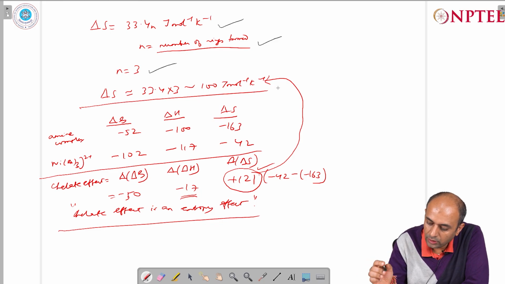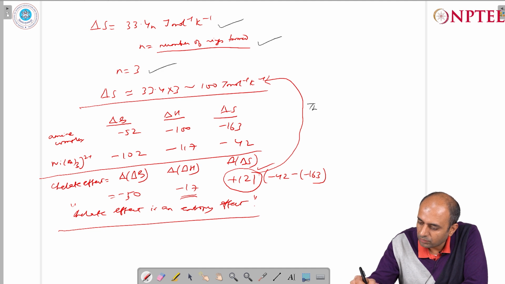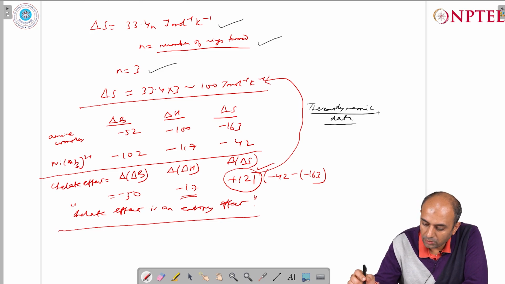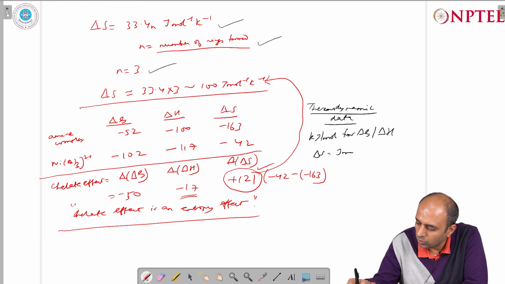If we actually look at the thermodynamic data, here we have reported delta G0 values, delta H and delta S0 values, and these values are in kilojoule per mole for delta G and delta H, and for delta S it is joule mole inverse Kelvin inverse.